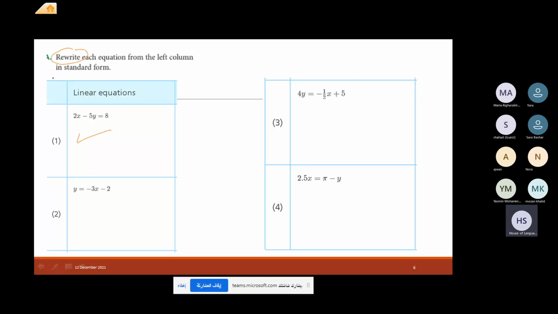What do I have to do? I have to put the X on the left side. I will rearrange it: put X on the left side and the constant on the other side. How will you put X on the left side? What do you have to do?